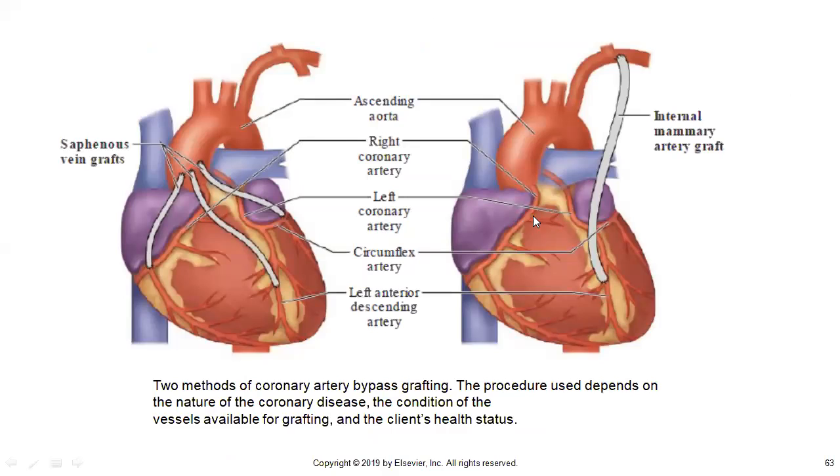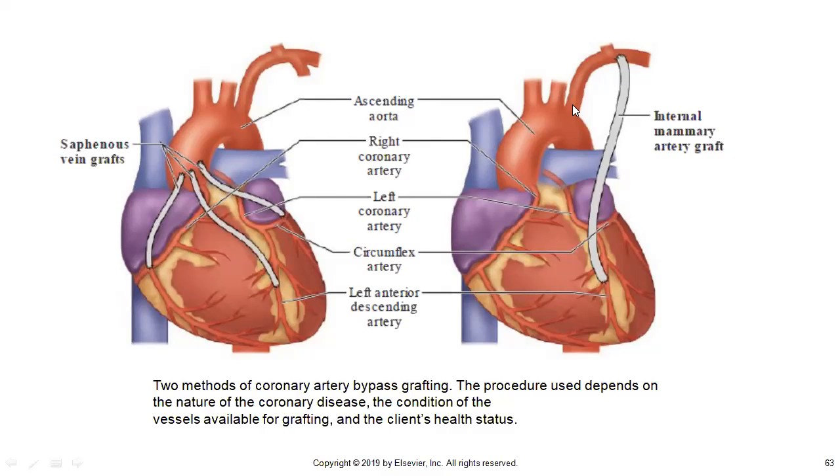The heart is supplied by two great arteries, the left coronary and the right coronary. If there is any blocking of these two arteries or persistent ischemia, at that time we use the bypass.